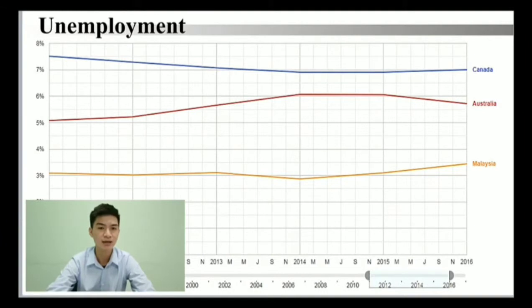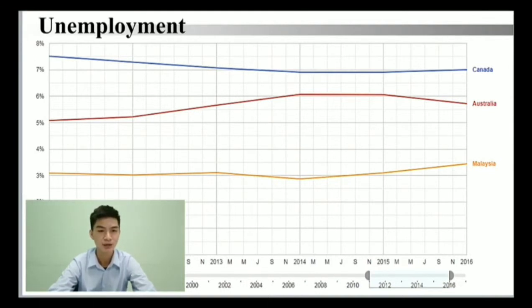For Canada's unemployment rate, it is higher than Australia and Malaysia from year 2011 to year 2016. In year 2011, it reached the highest at 7.51% and is lowest in year 2014 and year 2016 at 6.91%.